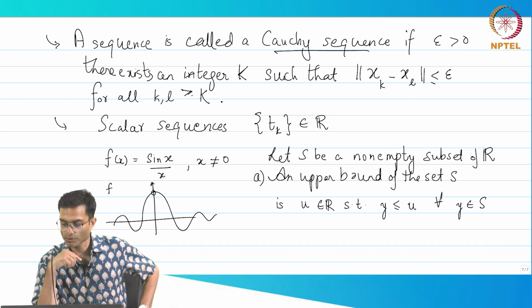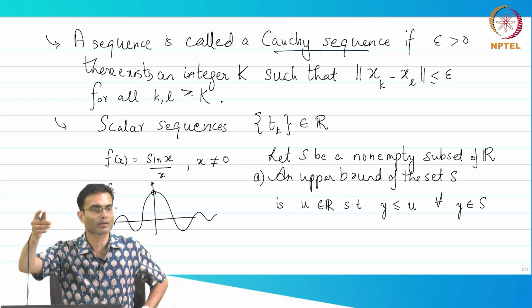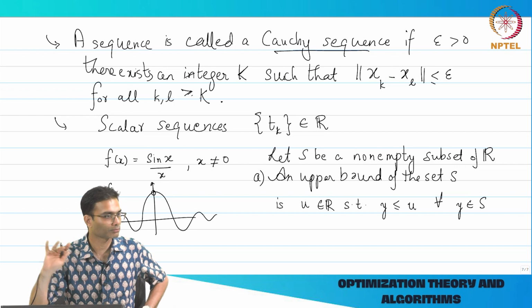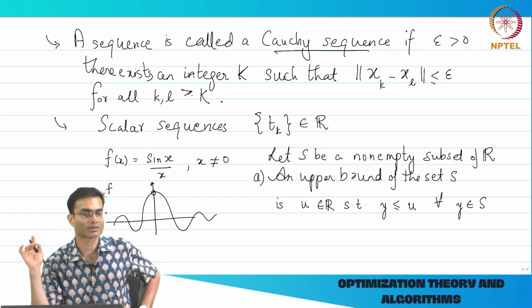This is the definition of the upper bound of a set. It's very intuitive. Find a number such that every number of the set is less than that. Fine, right? But notice I have not made any restriction on U.